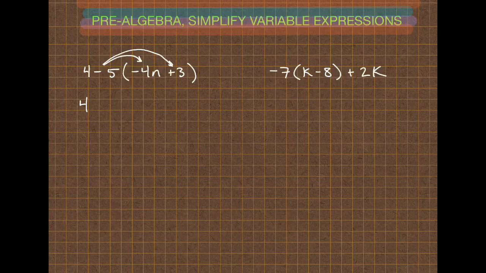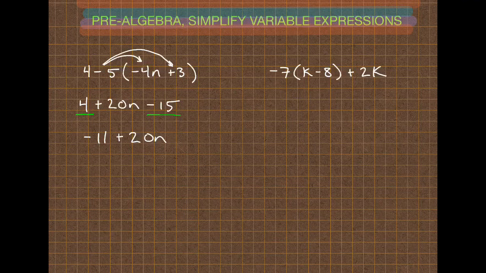So -5 times -4n gives us a +20n. -5 times +3 gives us -15. Now we're just going to separate it like so. So we have -15 plus 4 gives us a -11, and then the 20n is by itself, so we just bring it down like that.